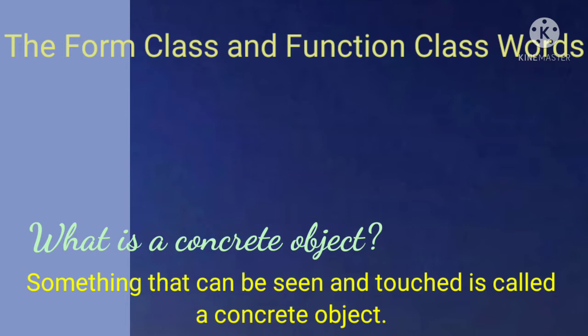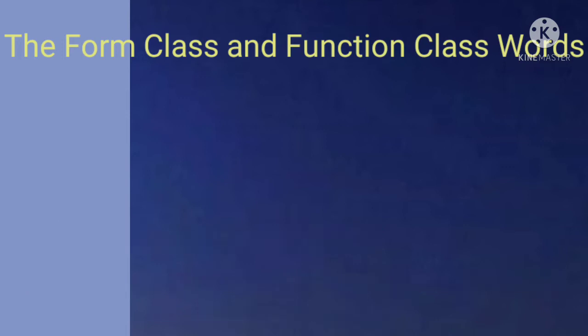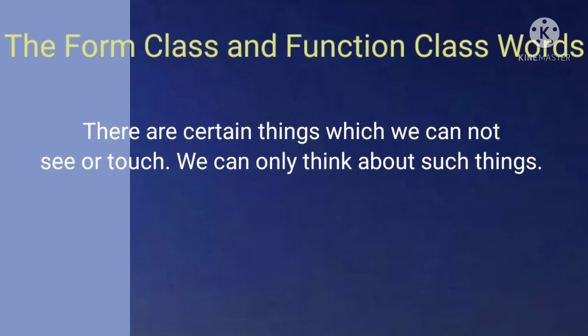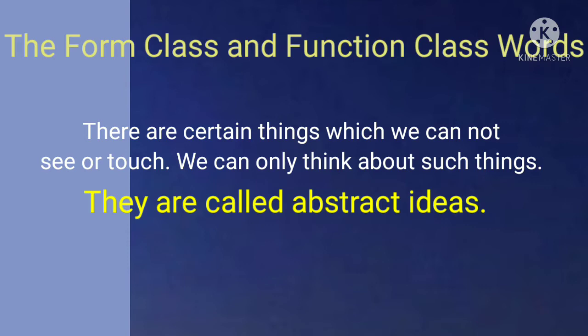The table is a concrete object. Something that can be seen or touched is called a concrete object. There are certain things which we cannot see or touch. We can only think about such things. They are called abstract ideas.